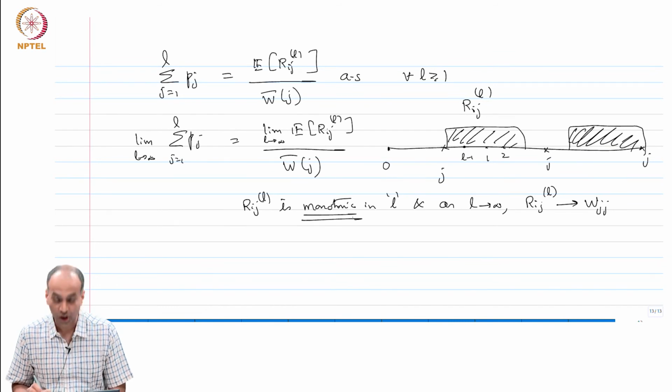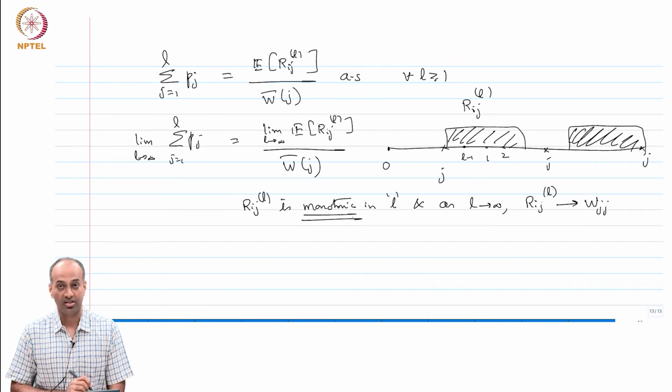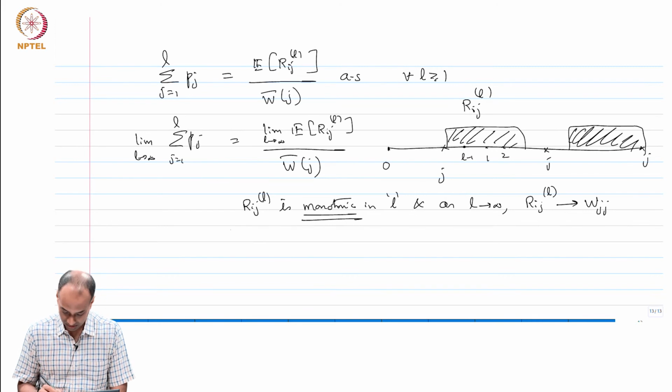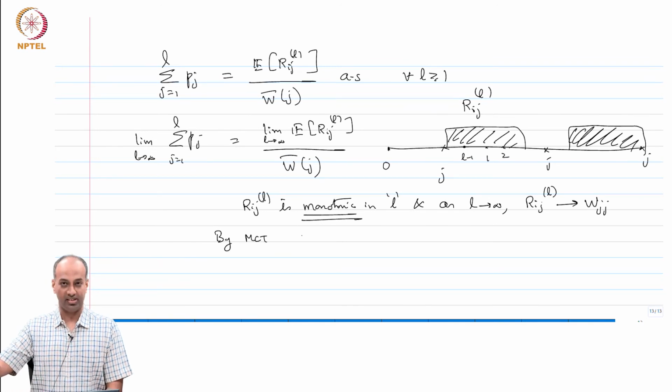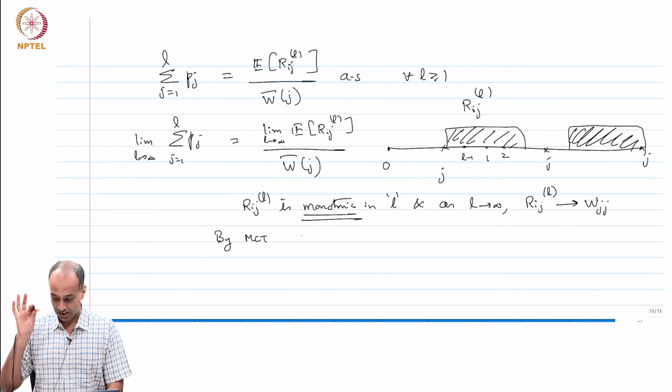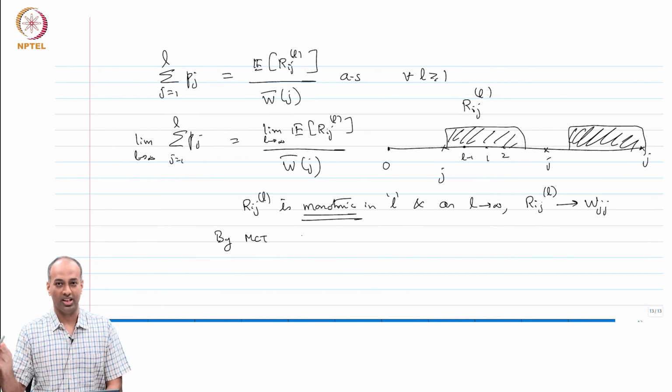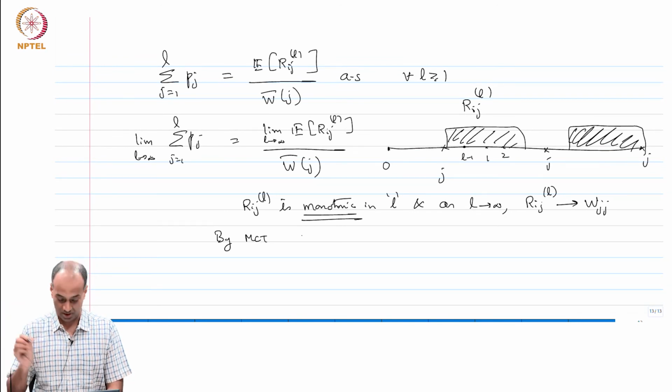Because of the monotonicity, we can invoke the monotone convergence theorem and argue that R_ijl monotonically increases to W_jj, therefore the expectation of R_ijl approaches the expectation of W_jj, which is W bar of j.